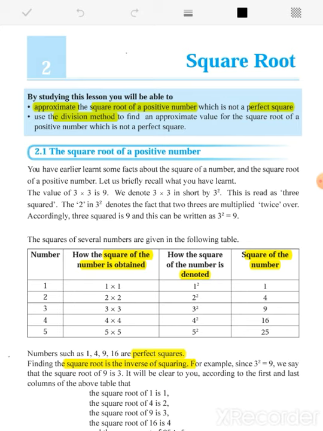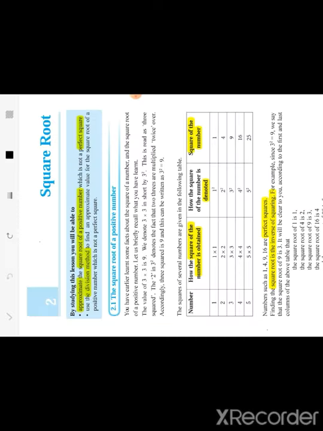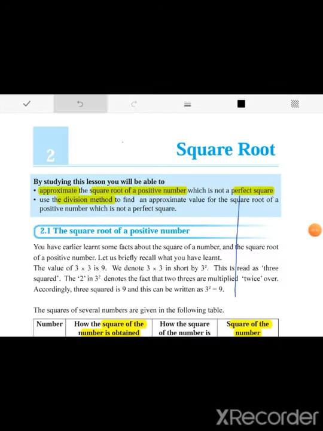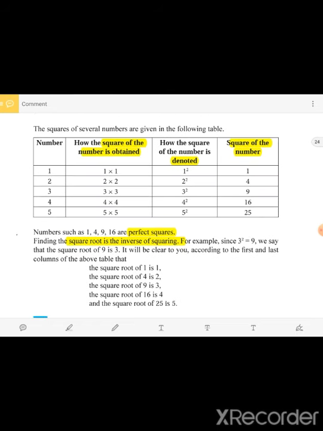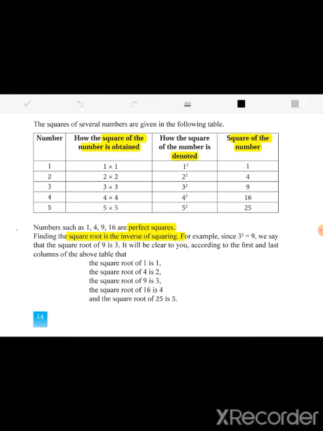So here you have a table with a few square numbers. These are perfect squares. Okay, so let's go to this table. I will explain clearly to you all. So in this table, let's take number 1.